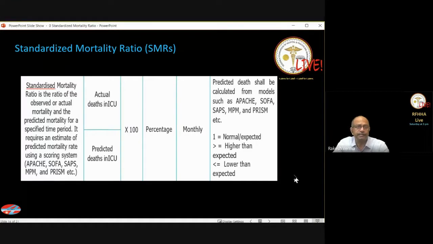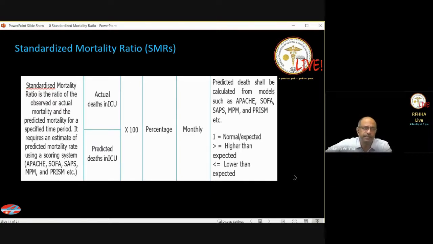This is the formula which is given in the NABH KPIs book, that is the key performance indicators. So what it defines is like this: the standardized mortality ratio is the ratio of the observed or the actual mortality and the predicted mortality for a specified time period.